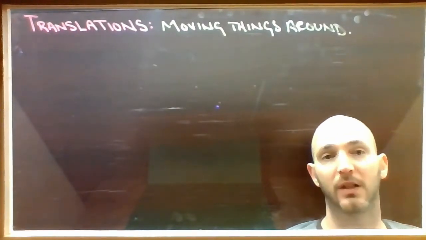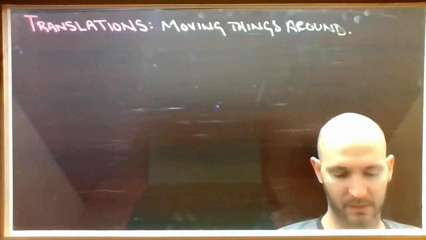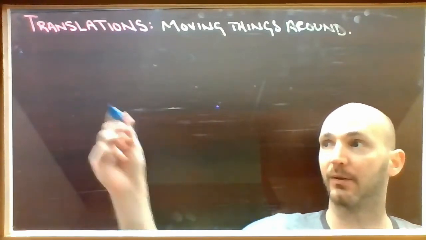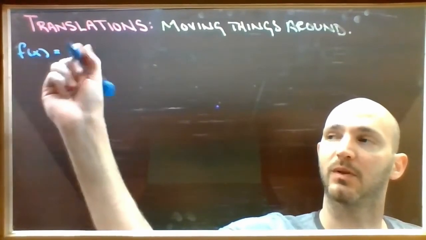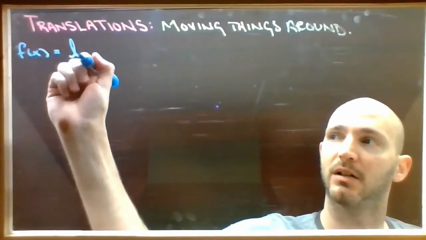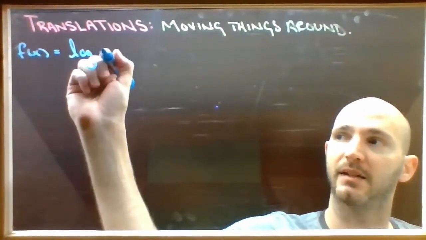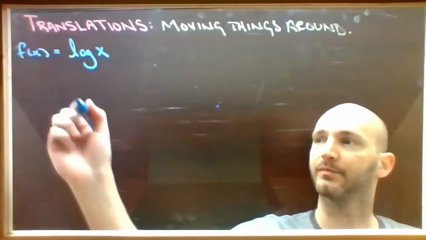So we need to do one that's gone left and up, so I'm going to choose a logarithm for that one. So we're going to go with f of x equals, let's go with log base 10 of x.